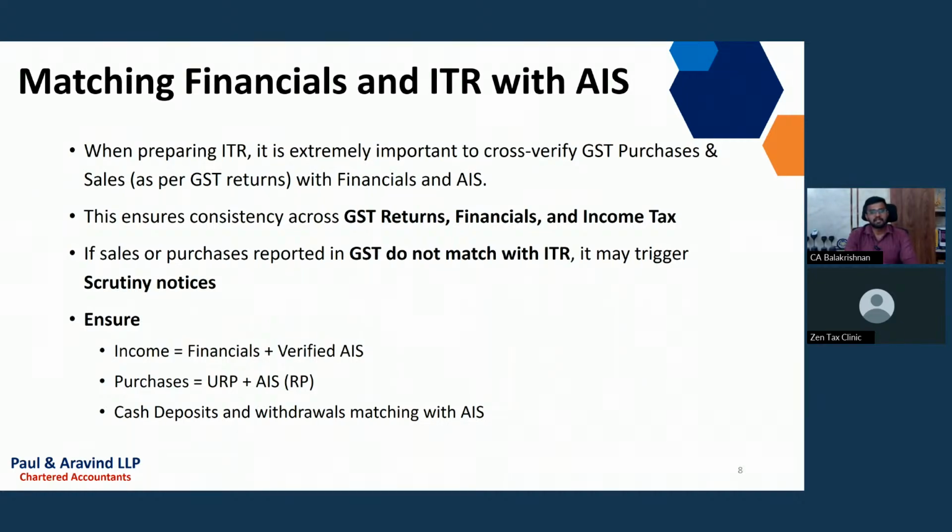If the transaction is less than 10 lakh, they don't have a mandate to report in the AIS portal. But some banks are reporting to the department even if it is less than 10 lakhs. So be cautious on that part.